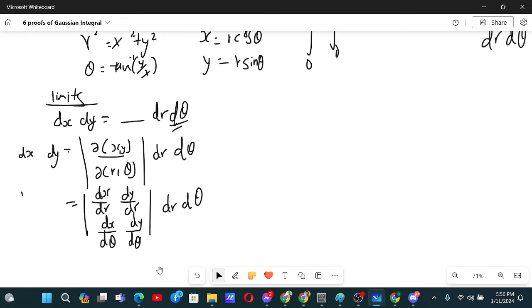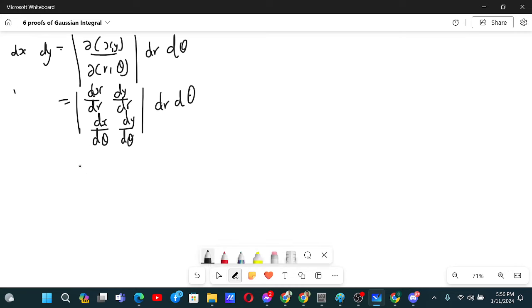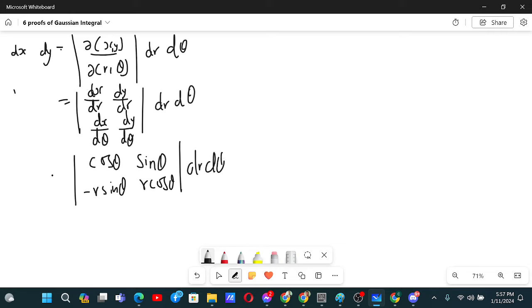Now x is r cos theta, so this will be cos theta. y is r sin theta, so this will be sin theta. x is r cos theta, so that will be minus r sin theta. y is r sin theta, so that will be r cos theta, times dr d theta. Now if we find the determinant, this will be r cos square theta plus r sin square theta, so that's r only: r dr d theta.